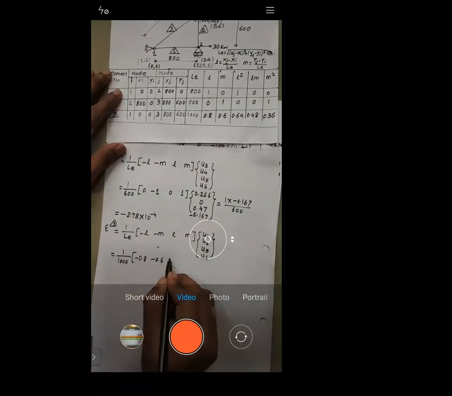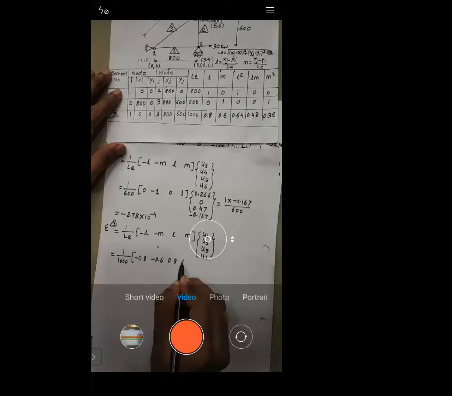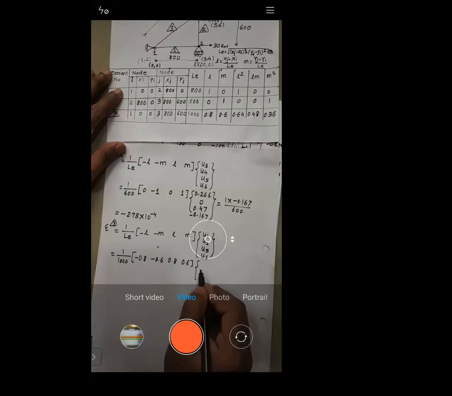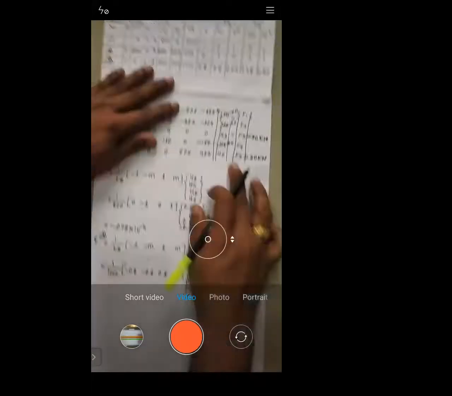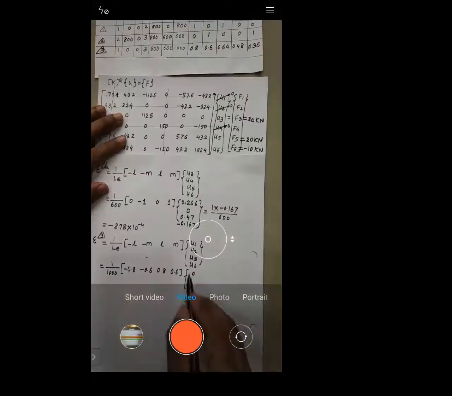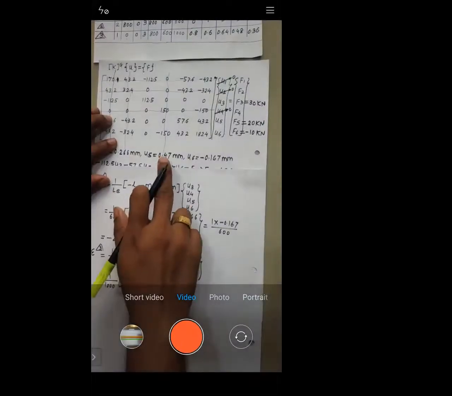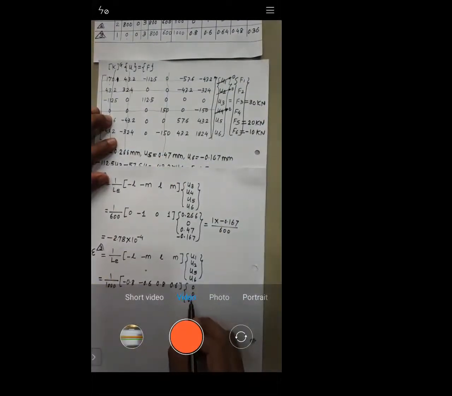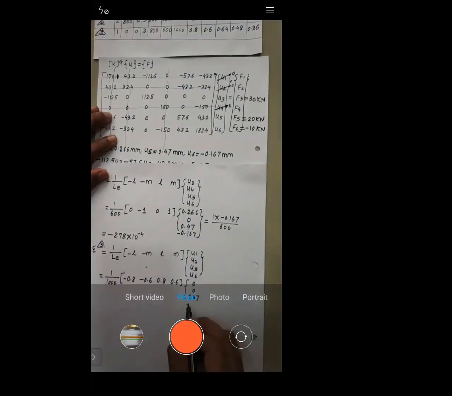Then L is 0.8 and M is 0.6, into U1, U2. U1 is 0, U2 is 0. U5 is 0.47, and U6 is minus 0.167.